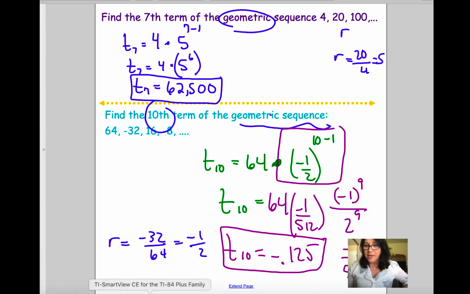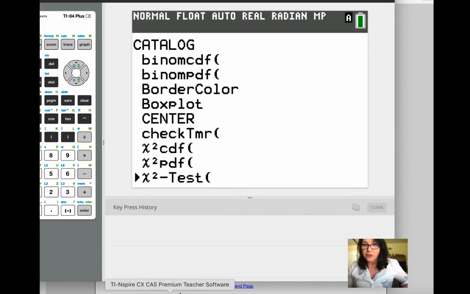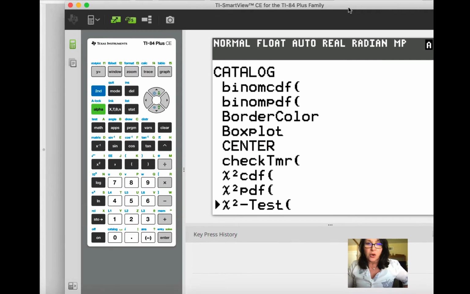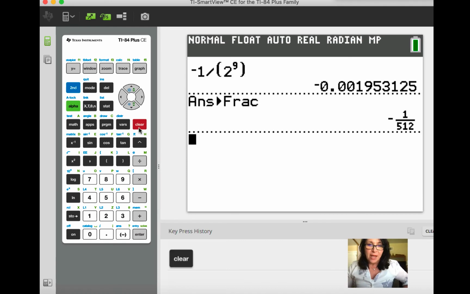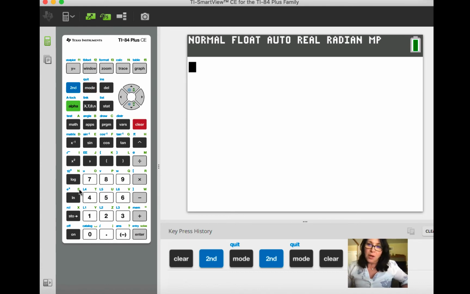We multiplied 64 times negative 1 over 512, and we got negative 0.125. So I'm going to show you my calculator here real quick. If I go second quit, and clear. So if I go negative 0.125, right?